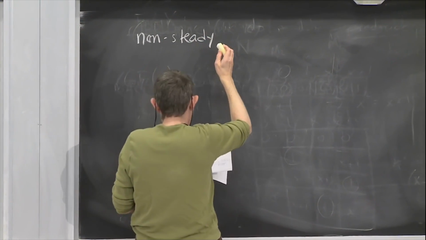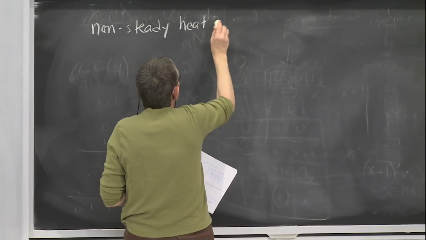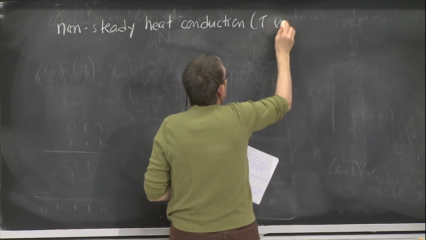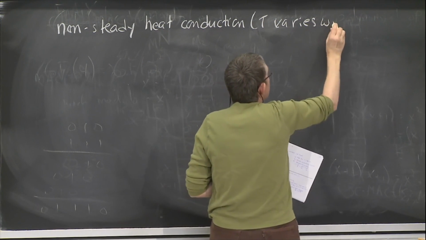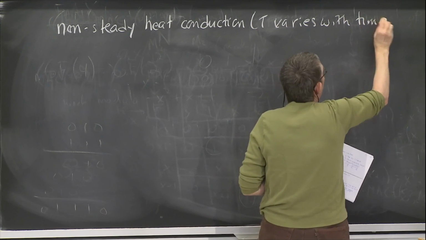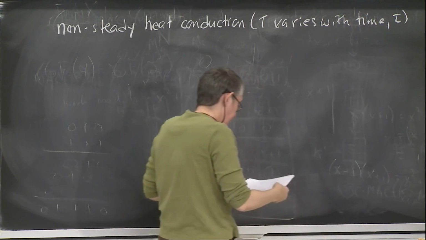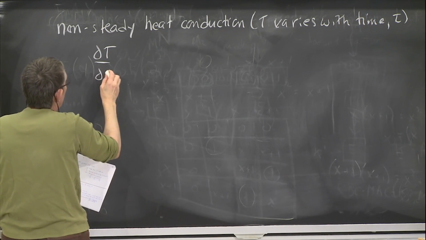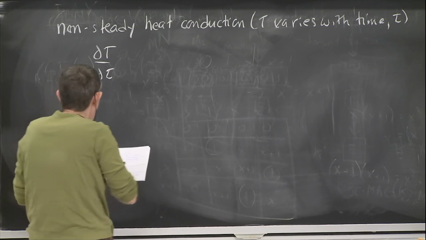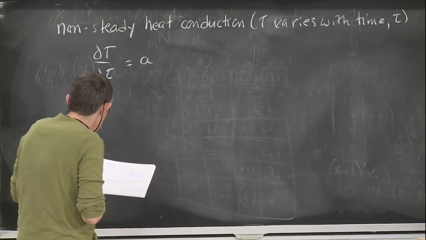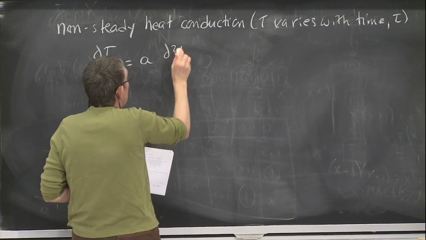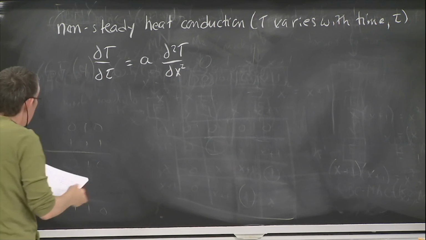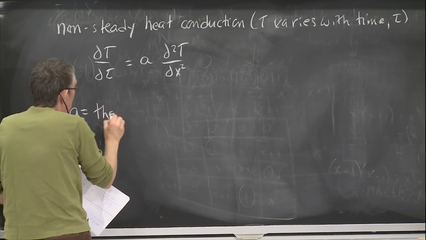So if we have non-steady heat conduction, so T varies with time, and I'm going to call time tau, then the partial derivative of temperature with respect to time is equal to the diffusivity, given the symbol A, times the second derivative of temperature with respect to distance, so with respect to x squared. So here A is the thermal diffusivity.